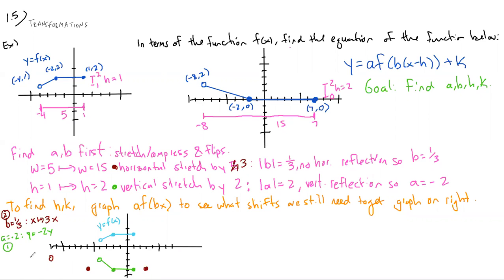I'm just going to label all of these points while I've got them. So this should be -12 and -2. And this point here is at -6 and -4. And this point is at 3 and -4. And I'll just connect my dots.